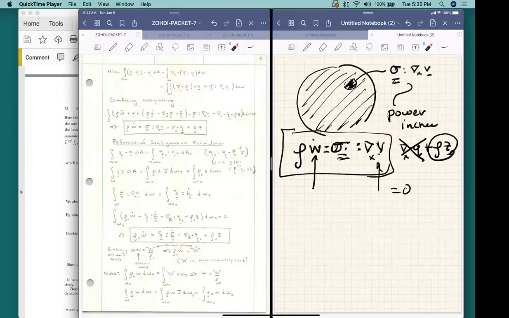So it takes two things to come together to make some energy happen: the stress multiplied times the gradient of the velocity. That combo then leads to some increase in the power. And that's the first epiphany that we should have in this thing, that there is a definite interplay between stressing a body and making the body start to have some heat.